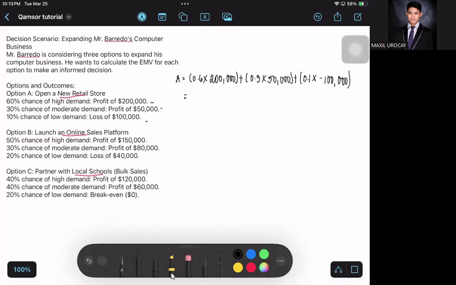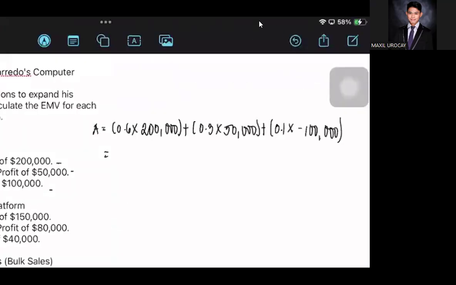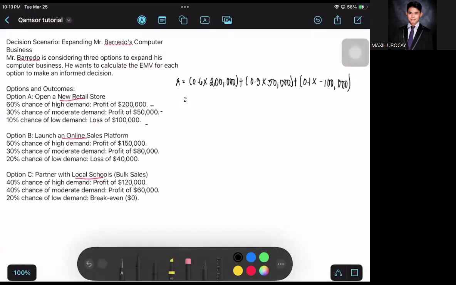Let me grab a calculator first so that I can calculate. 0.6 times 200,000 is 120,000. Then 0.3 times 50,000 is 15,000. And 0.1 times 100,000 is negative 10,000.